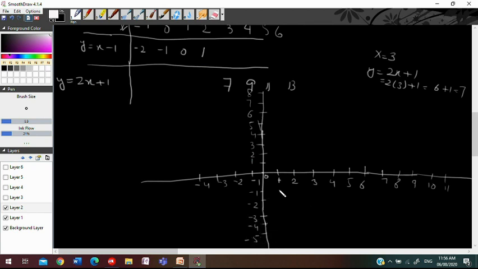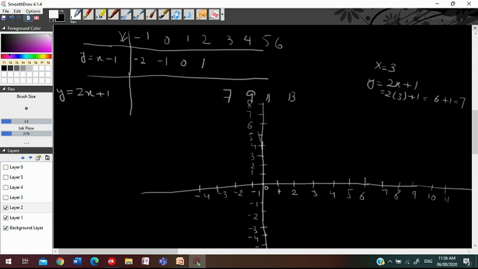Okay. Now, see the table also, when x is equal to -1, y is equal to -2.